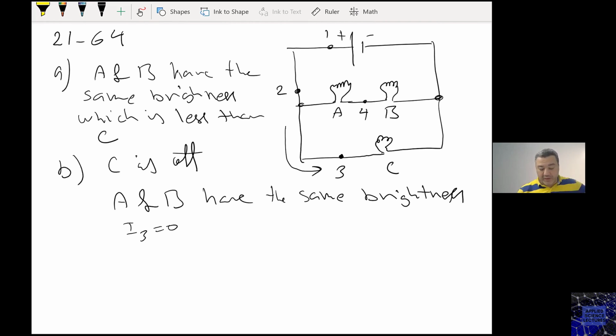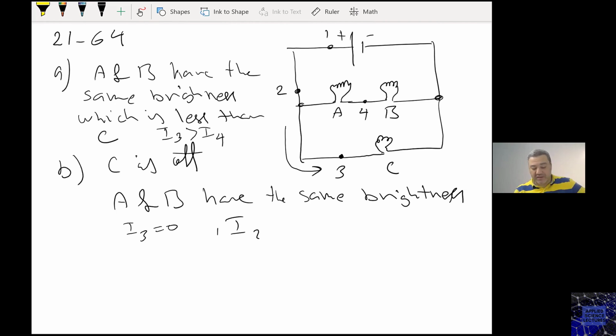Why? Because now the bulb is unscrewed. What happens to the current at I2? If I compare with item A, let me go back and say that the current I3 will be greater than I4. Why?